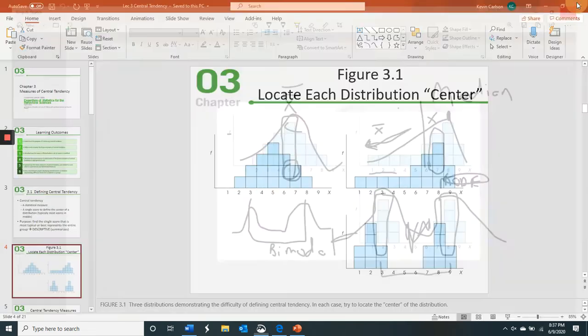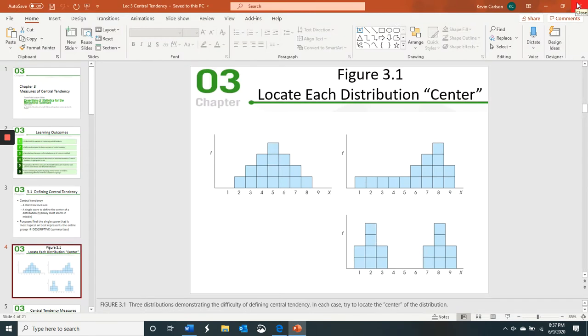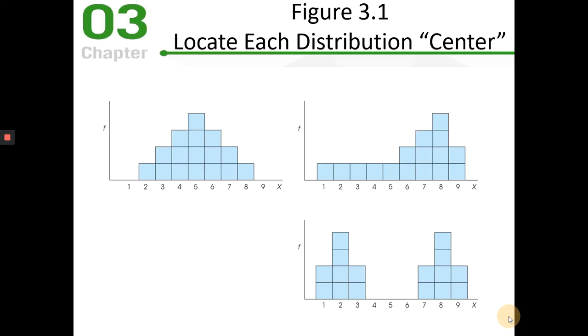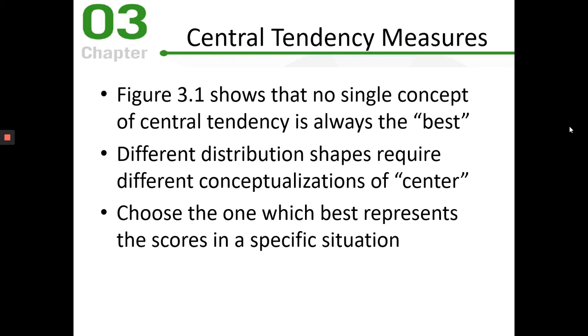And so that's one of the principles too of what we're going to talk about. A very important principle is which measure of central tendency you choose to summarize your sample's data depends a lot on the distribution of those data. So we just talked about this in a more straightforward manner.